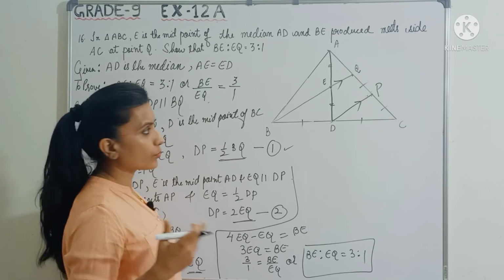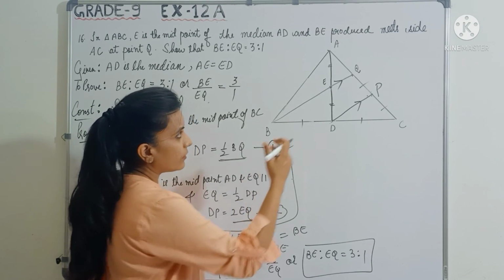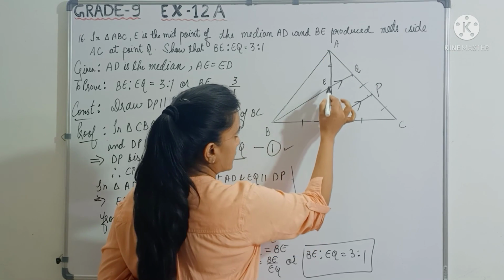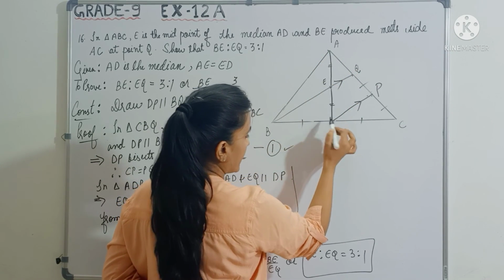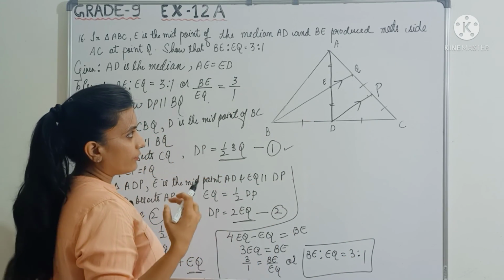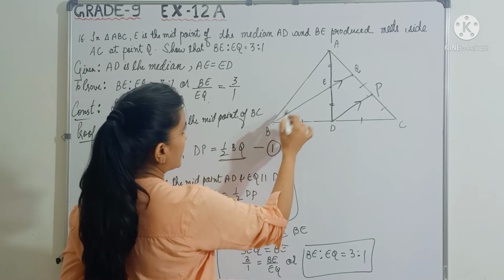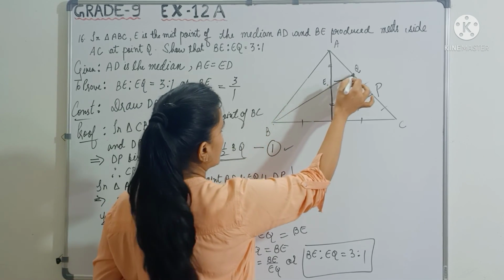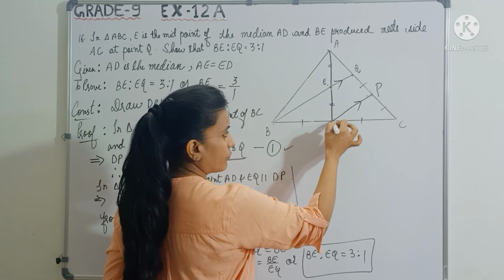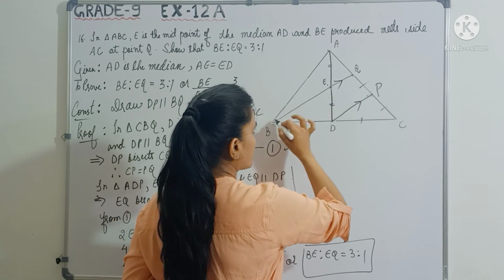So can we just quickly recap? The question was: ABC is a triangle, E is the midpoint of AD and D is the midpoint of BC. Only this much is given. And we were supposed to show that BE is to EQ is 3 is to 1. So what we did was the construction: from D, draw DP parallel to BQ.